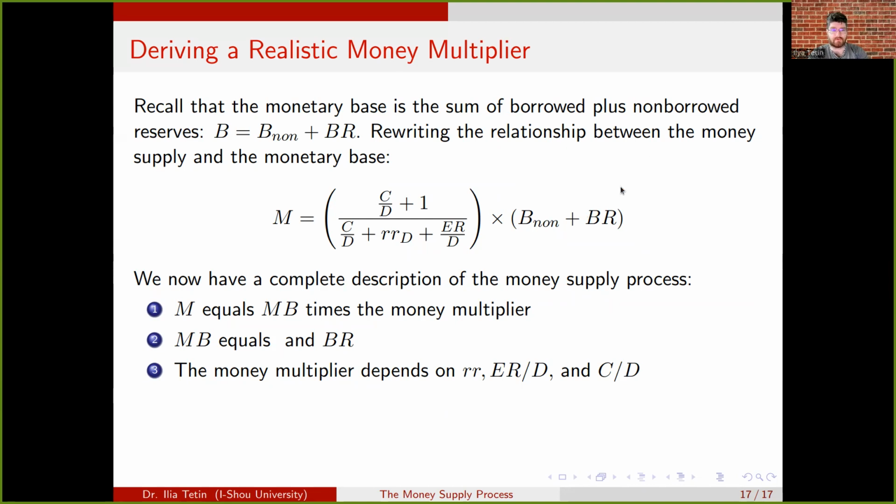The same kind of thing: if required reserves, currency to deposit, and excess reserves to deposit ratios decrease, the money multiplier increases because they are in the denominator, and hopefully this whole thing is now established.